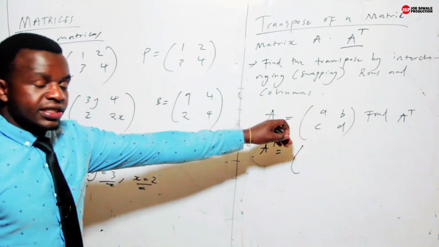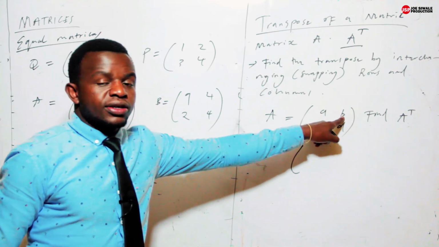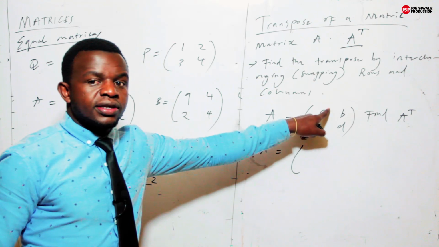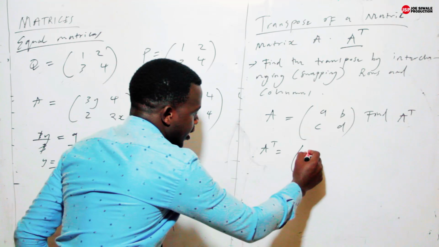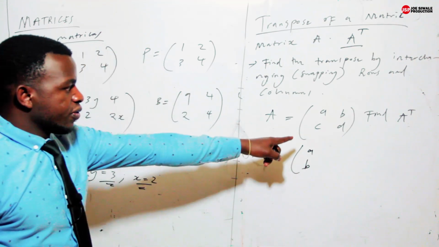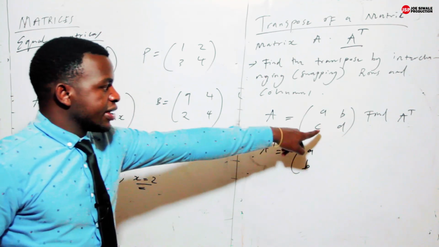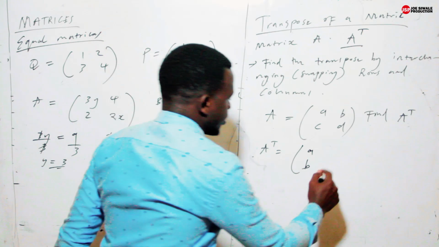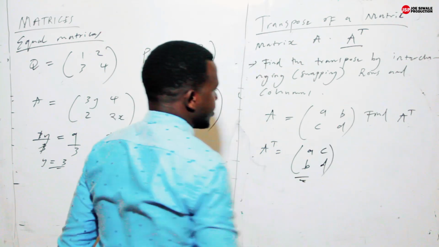So we know that our first row there we have A, B. So we're going to make this become a column. So we're going to say A, B there. And for our CD, this is our second row. So we're going to make this our column. So C, D. So that's going to be our answer.